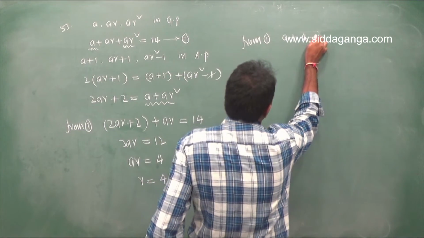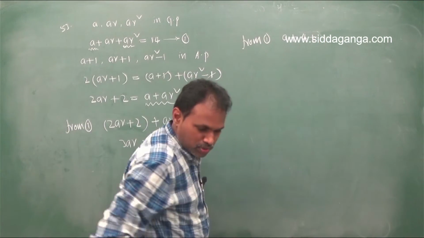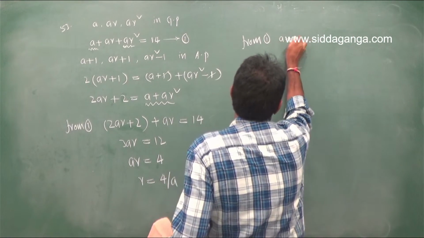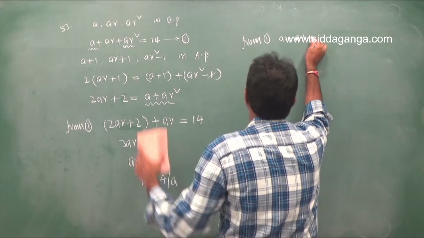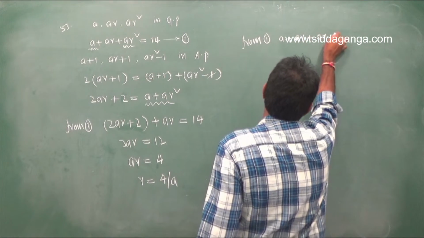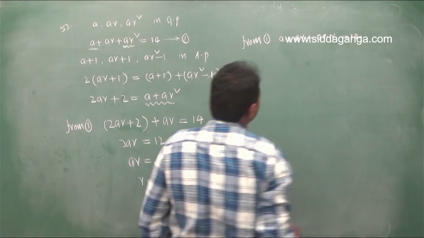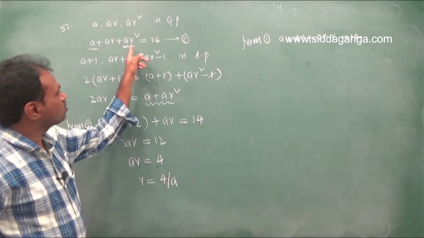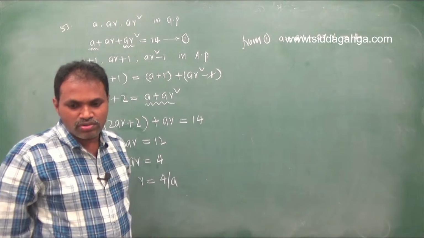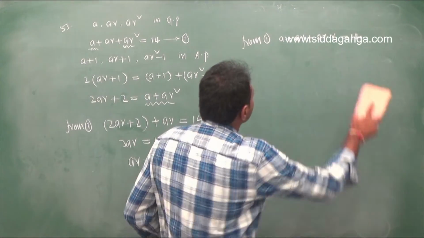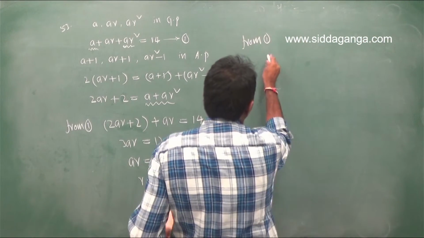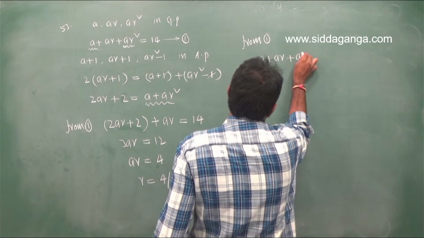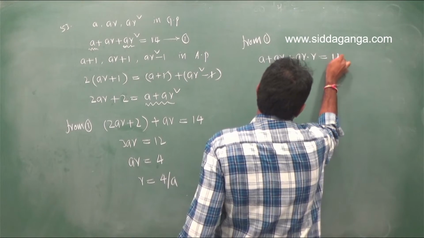For AR square, I am writing AR into R. So A plus AR plus AR into R equal to 14.